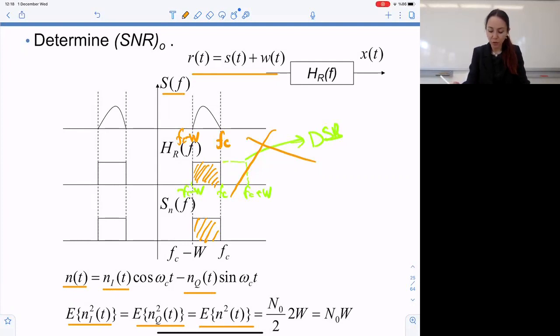We are talking about a bandwidth W here and another bandwidth W here, and the PSD has height N naught over 2. So it comes to N naught W as a total power. Notice that this power is half as much as it is in double sideband.